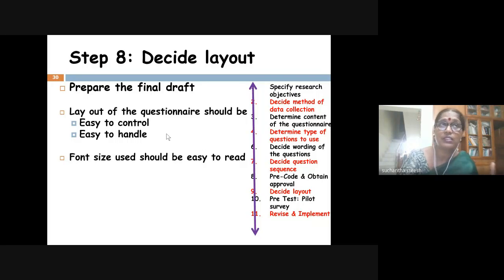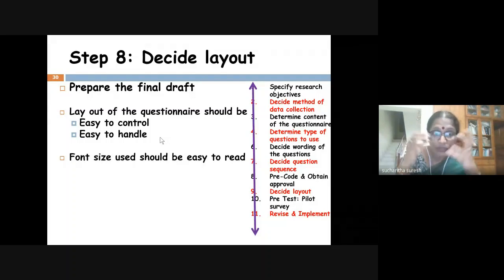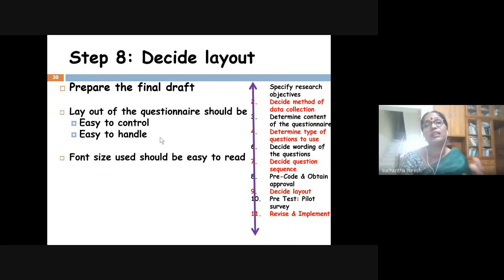You know, there's some questionnaire you get where you have to struggle to read the options. Don't do that, because if you give more space, it will run into so many pages. And if there are so many pages, people will think, oh, so many pages, how will I answer? That's the impression respondents have. And also, so many pages means so many costs are involved, right?